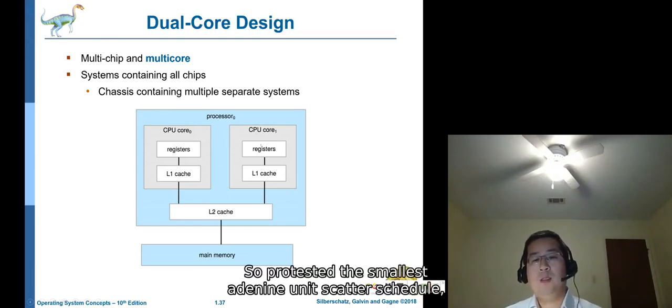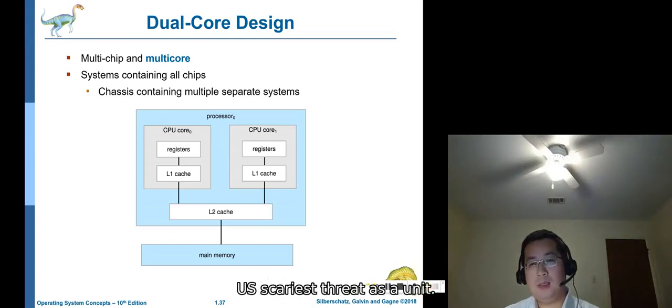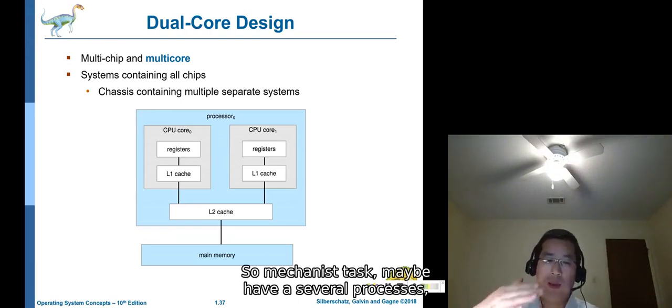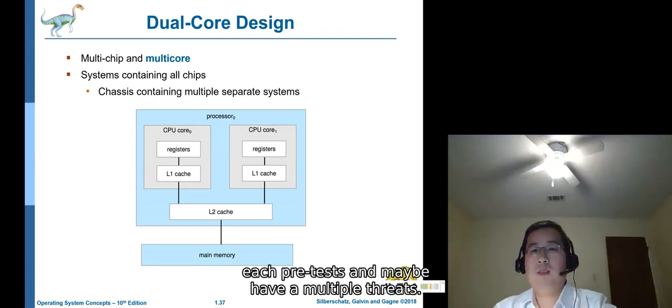Process is the smallest scheduling unit. That means for scheduling we must use the process. You cannot schedule a thread as a unit. So a thread is within the process. A task may have several processes, and each process may have multiple threads.